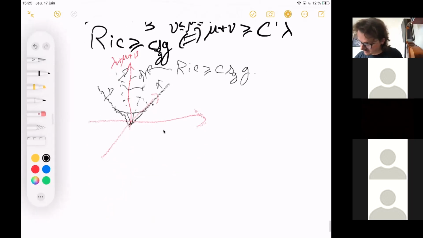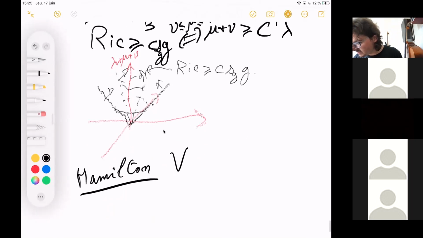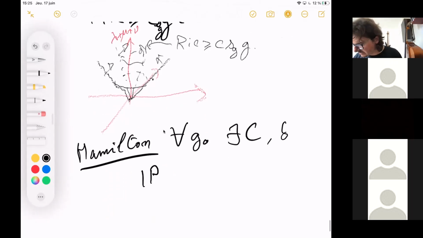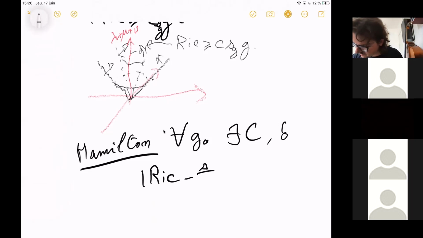But what can be shown, again due to Hamilton, is that for any g naught which satisfies the hypothesis of the theorem, there exists a constant C and some delta such that, so I will write something here which is a scale invariant measure of how pinched the Ricci curvature is.